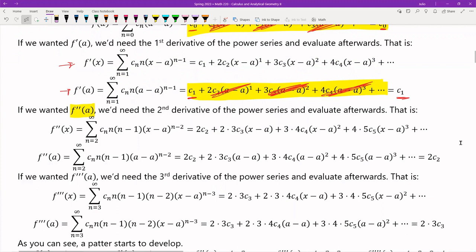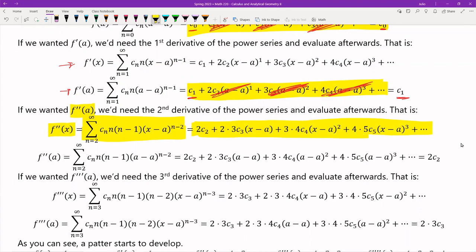Okay. So if we want the second derivative at a value x equal a, that is the power series for the second derivative, and it is equivalent to this right here.